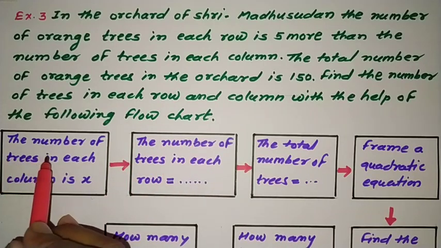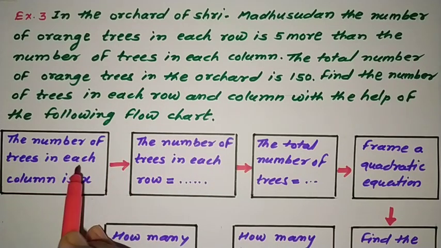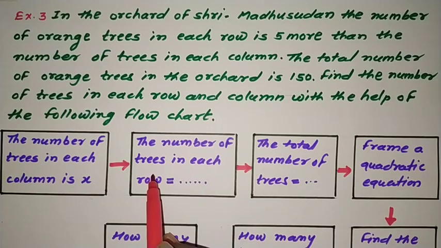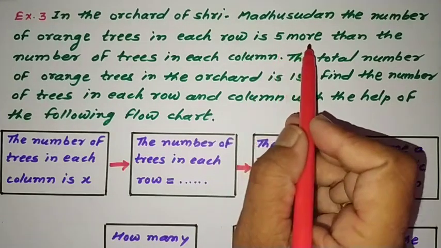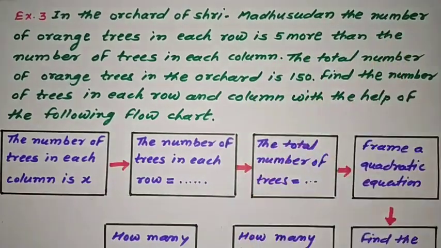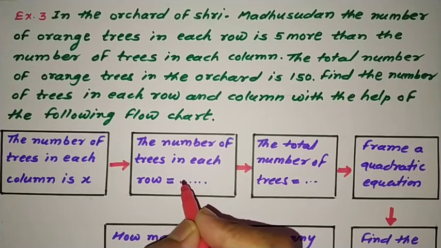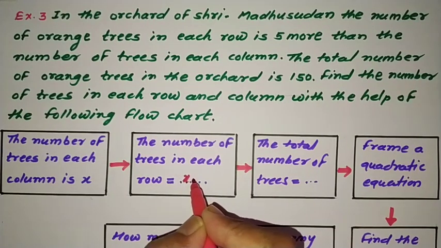First, the number of trees in each column is x. The number of trees in each row is 5 more than the column. It means x plus 5.